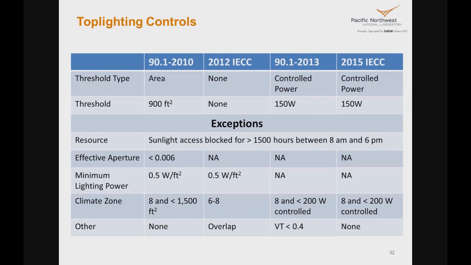And if that private office constitutes a primary side lighted area, then you have a certain amount of power in that primary side lighted area. And if that power exceeds 150 watts, basically you're required to put controls in. That's how it works.